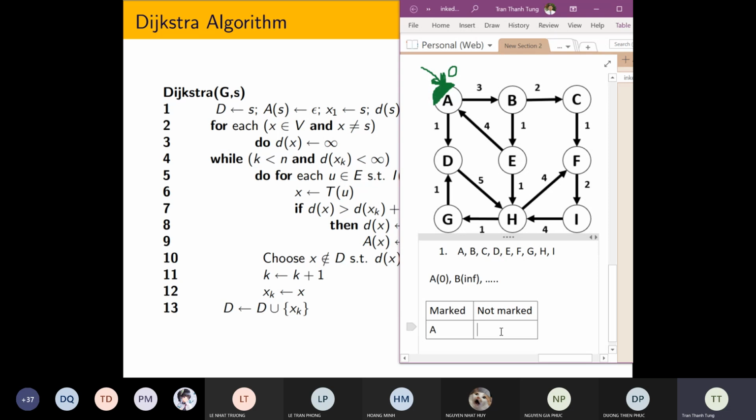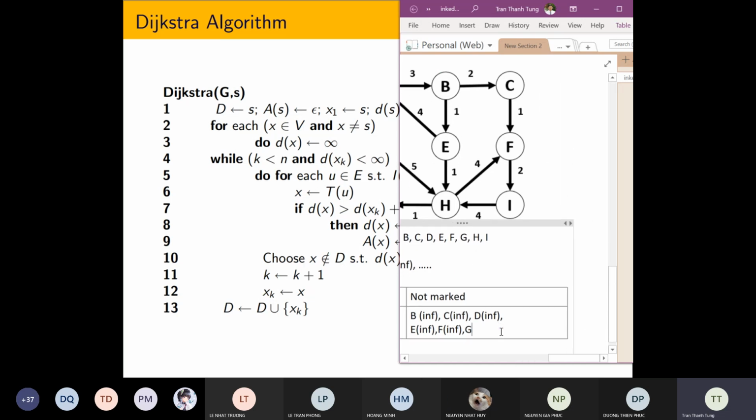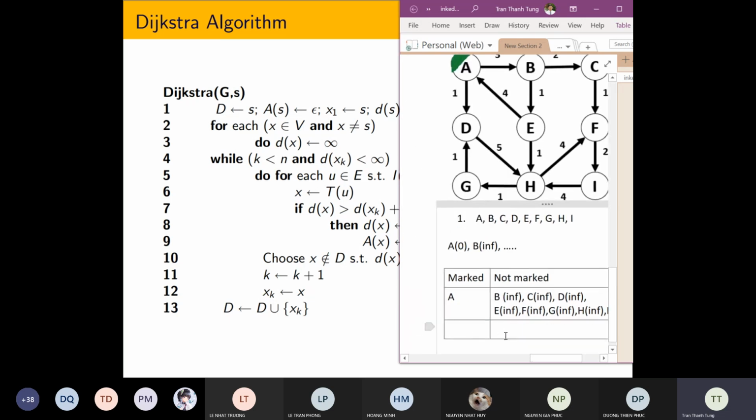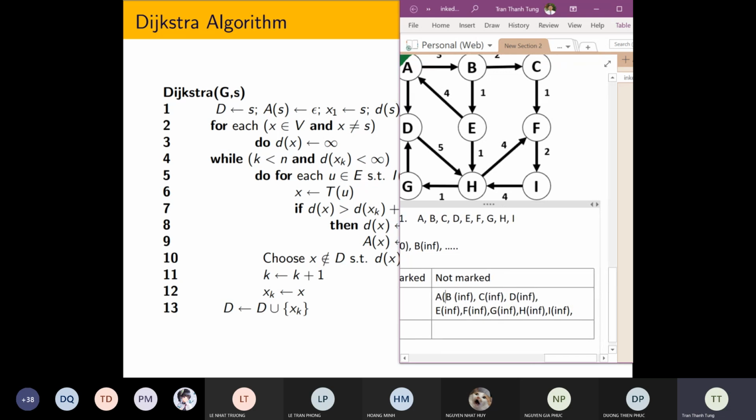I don't know how to do it. No problem. B, C, B infinity, E, F, E, H, I. So then we take A. At the beginning we have nothing here, so we have A0.